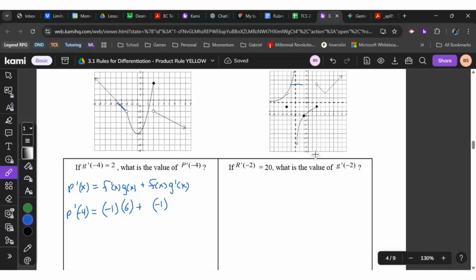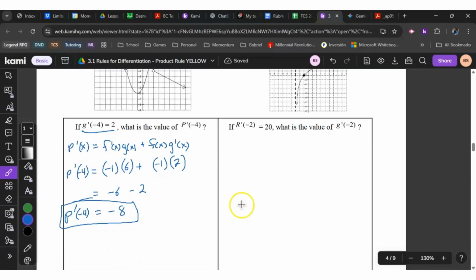We can't tell. There's no way to know. So that's why they gave it to us. They said, hey, by the way, this one's 2. Okay? So we know it's 2. Then we just put all that together. -6 minus 2 means that it is -8. So p prime of -4 is just -8. Okay?